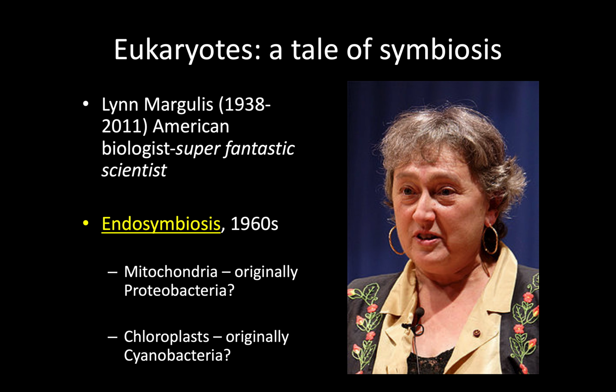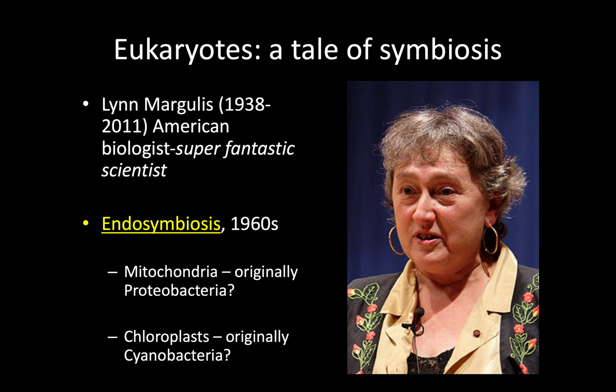So this is going to bring us to a very famous scientist, Lynn Margulis. She died in 2011, and she was an American biologist, and she hypothesized about something called endosymbiosis, which has now been elevated to a theory, meaning it answers the question of why we have eukaryotic cells in the first place.